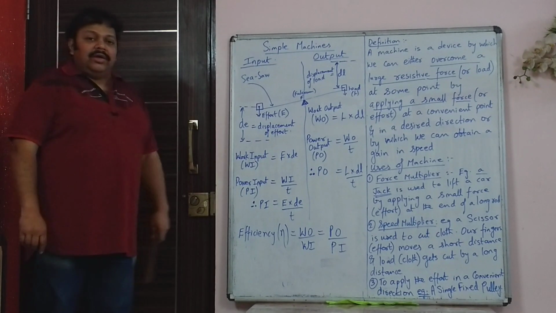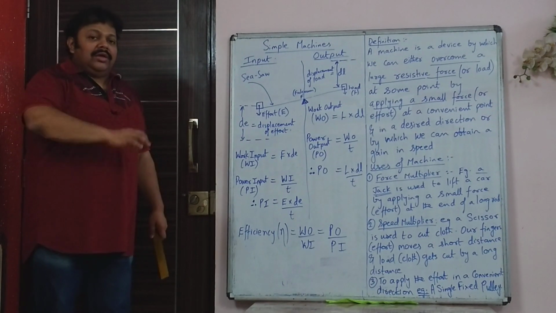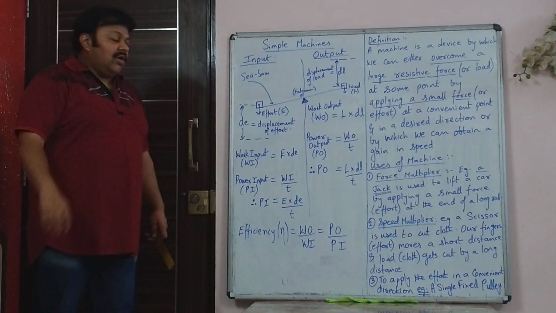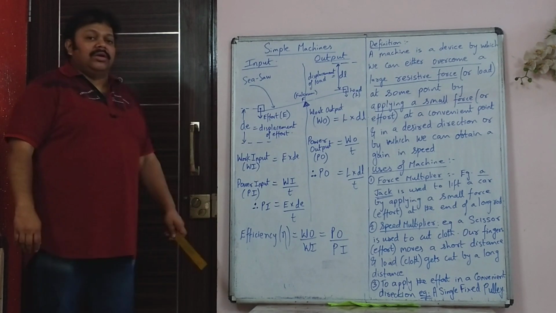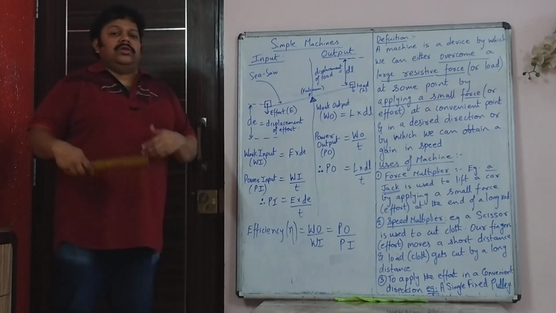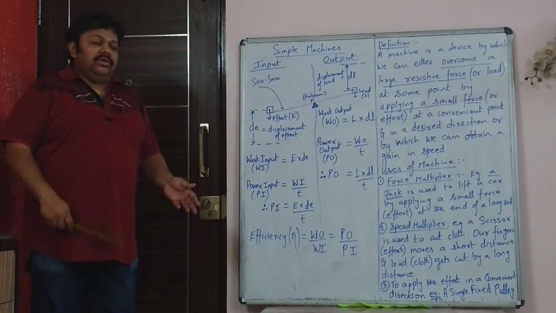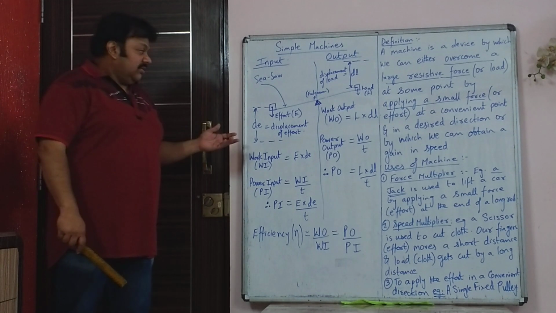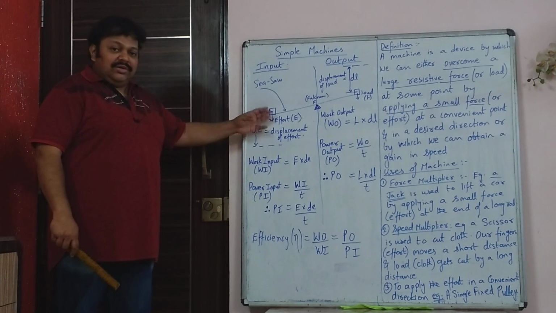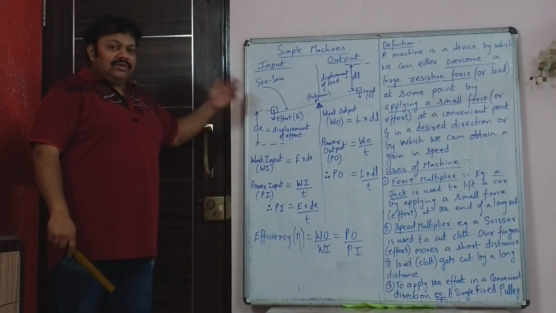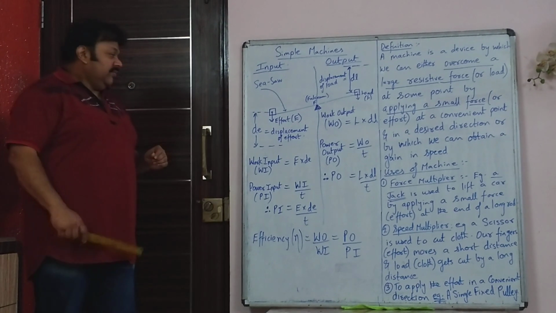That force is called the effort, denoted by capital E. So what is effort? It is a force. So what is its unit? Its SI unit is Newton and its CGS unit is dyne. It has the same unit as force because it is a force which acts on the input side.